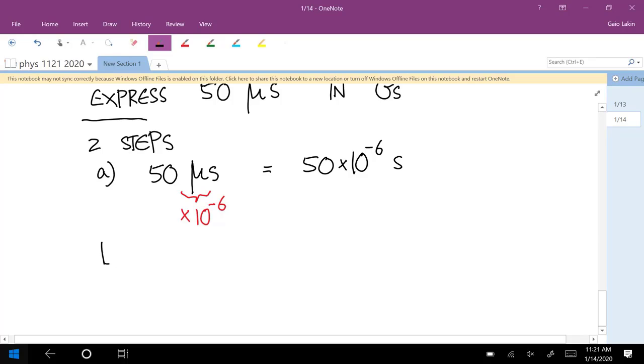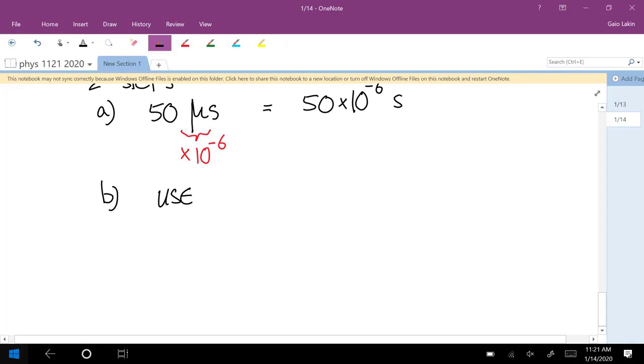So the second step is we're going to use the fact that 1 gigasecond is equal to 1 times 10 to the 9th seconds, right? Because that's what giga means.